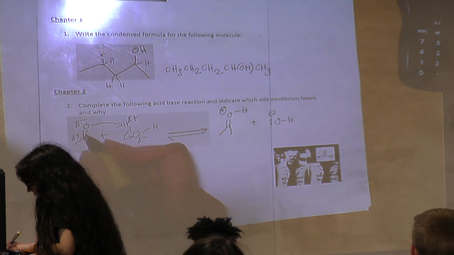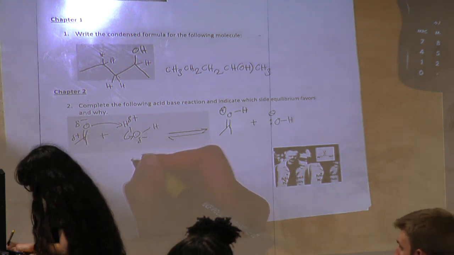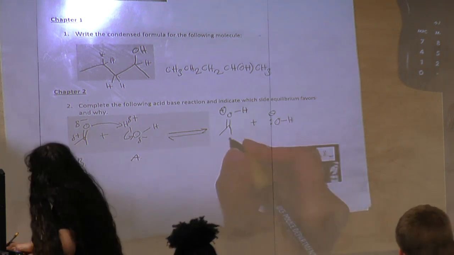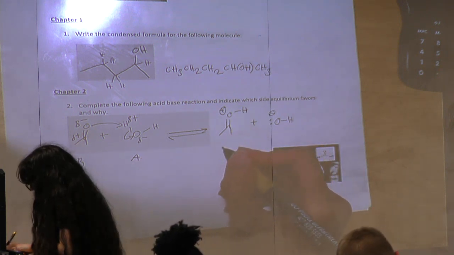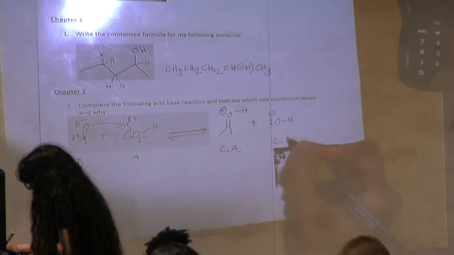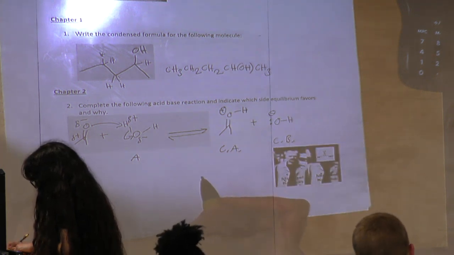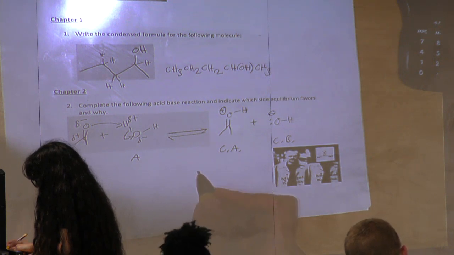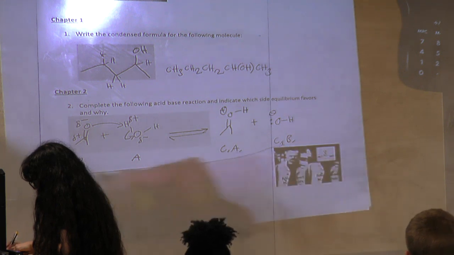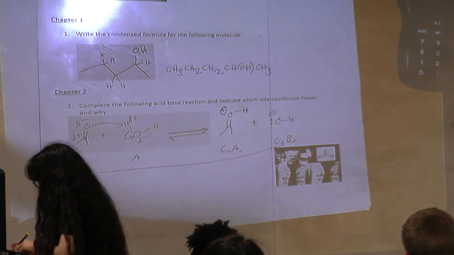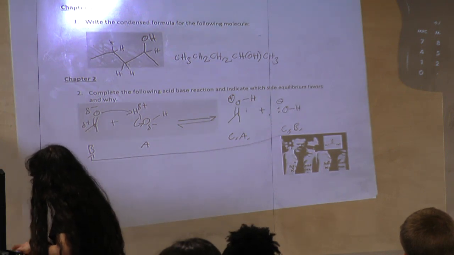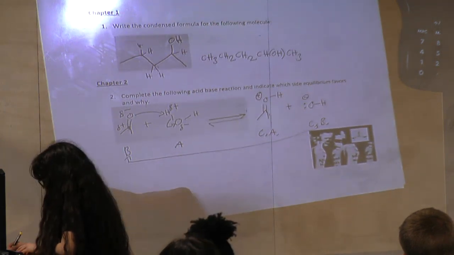So we said that our water functioned as our acid, our ketone was our base, our molecule here was our conjugate acid, and our hydroxide was our conjugate base. So now we're going to compare our base to our conjugate base, and we're going to do that using something called ARIO. I'm not sure if you could see this here.